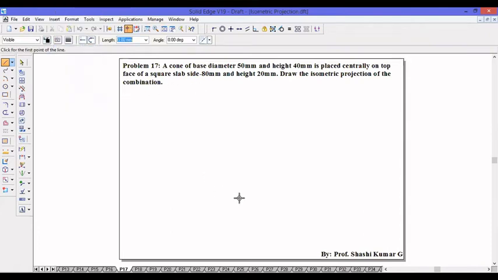So here we have a square slab of 80 mm. So 80 mm at 30 degrees, 80 at 150 degrees, 80 at minus 150 degrees, 80 at minus 30 degrees, and take the thickness or height of 20 mm given from every corner, 20 mm at minus 90 degrees.